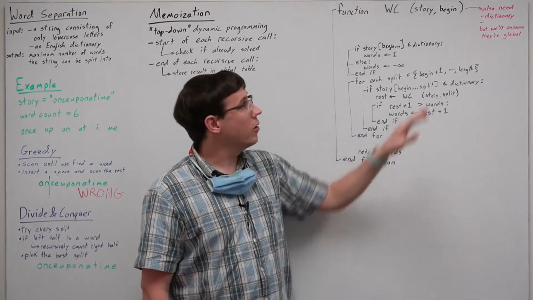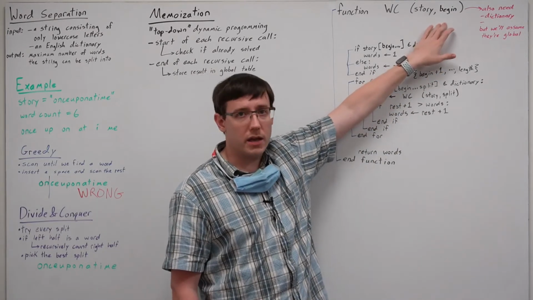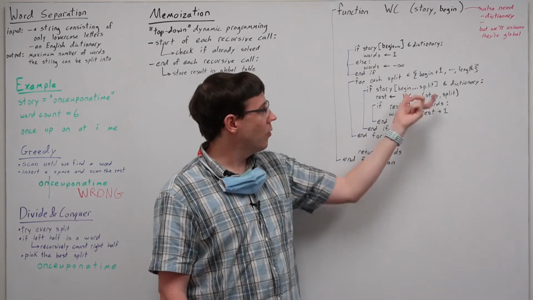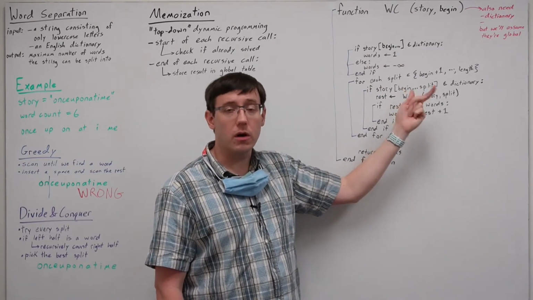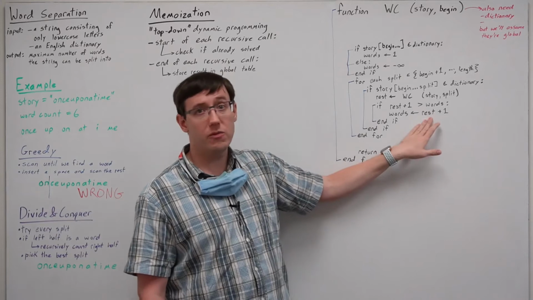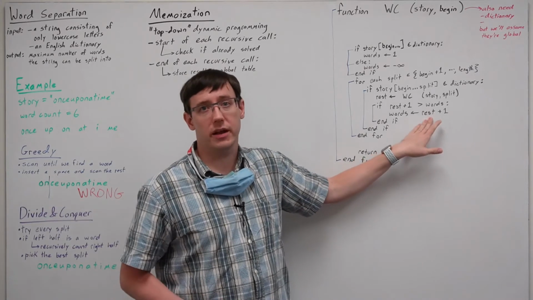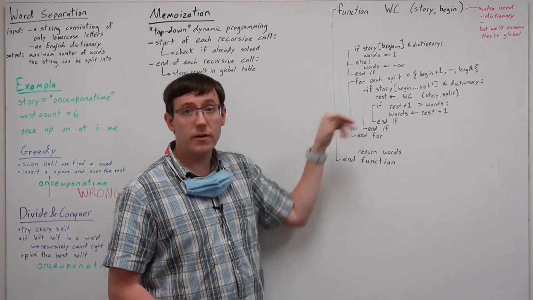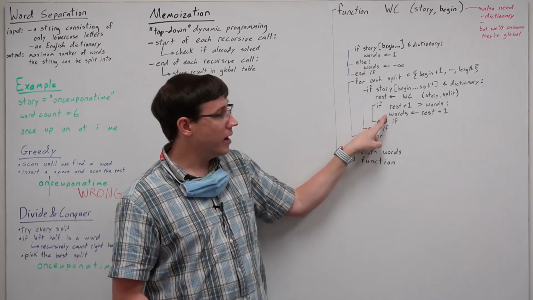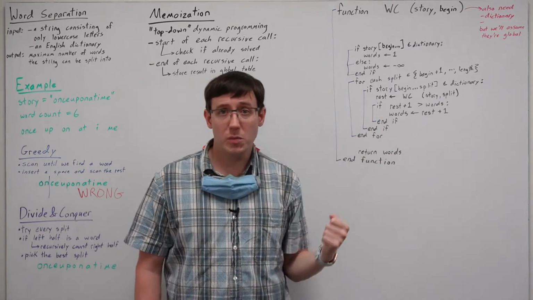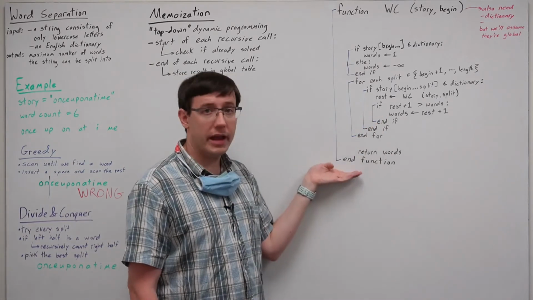And the word count from the beginning to the end is 1 for this word we found at the start, plus however many words we found in the rest of the text. Over all of our different splits, we will end up choosing the maximum word count that we find and returning it.